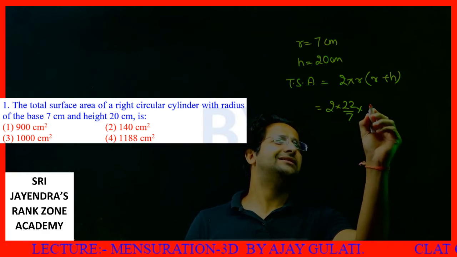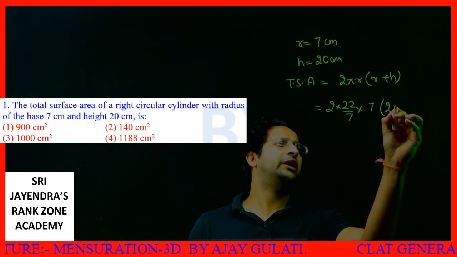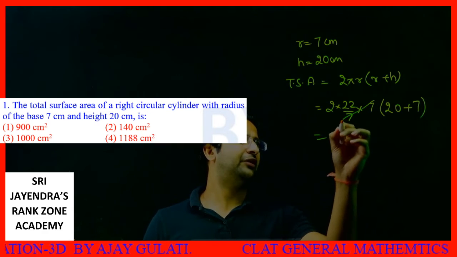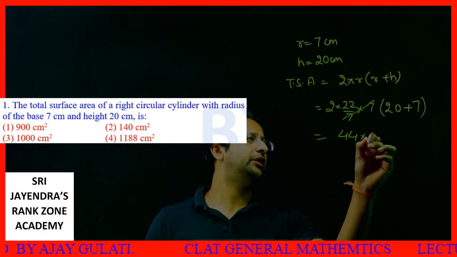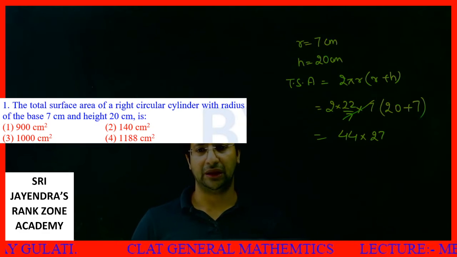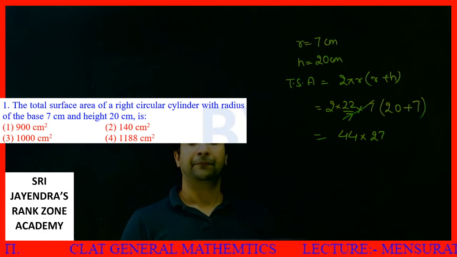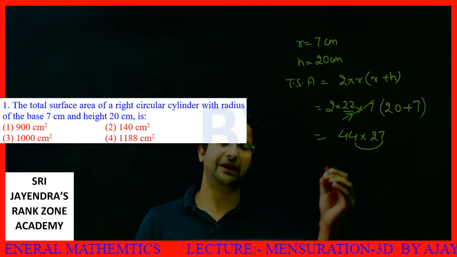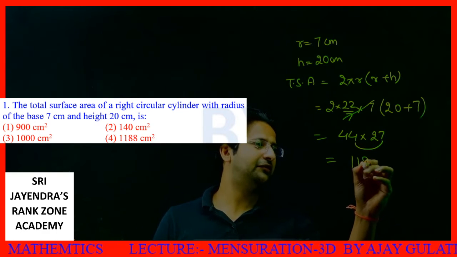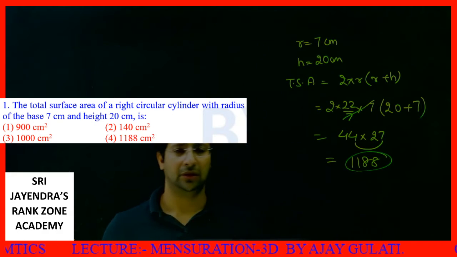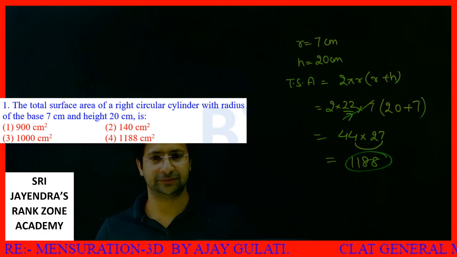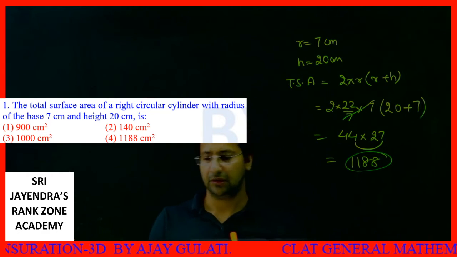What is the radius? Radius is, I hope, 7, then 20 plus 7. So the 7s cancel, 44 into 27. If I multiply this, what will be the last digit? 4 into 7, 28. So I won't solve it fully, just looking at the options. This will be my answer. Why should I solve it? Getting it, dear students? So this is my answer.